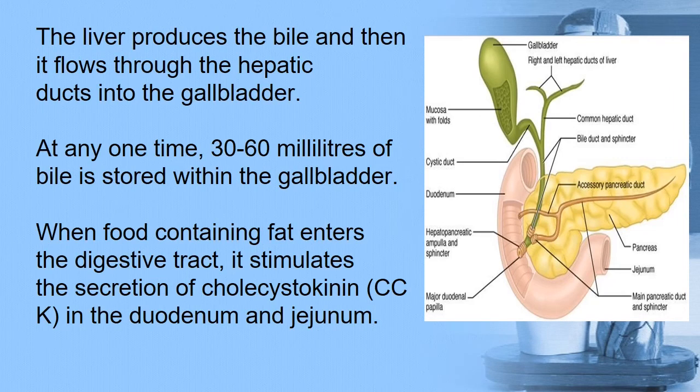The liver produces the bile and it flows through the hepatic duct into the gallbladder. At any one time, there will be 30 to 60 ml of bile stored within the gallbladder.